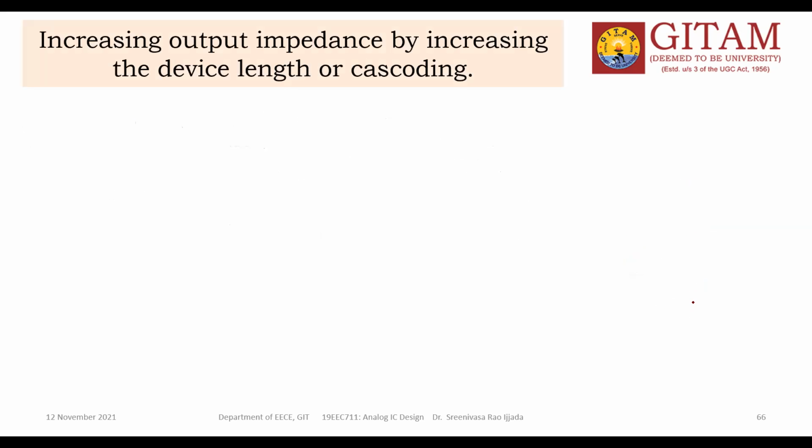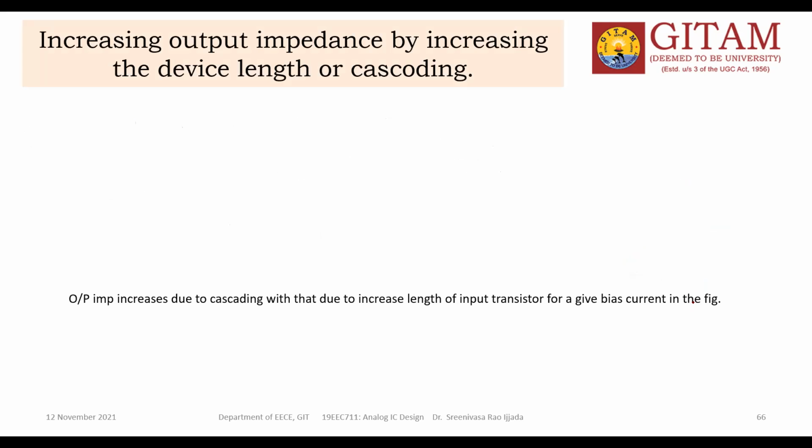Increasing the output impedance by increasing the device length or by cascoding. We have two choices to increase the output impedance. One, I told you, is to keep more transistors in the cascoding stage. Another, if that is not possible, is to change the length. If the length increases, your output impedance definitely increases.